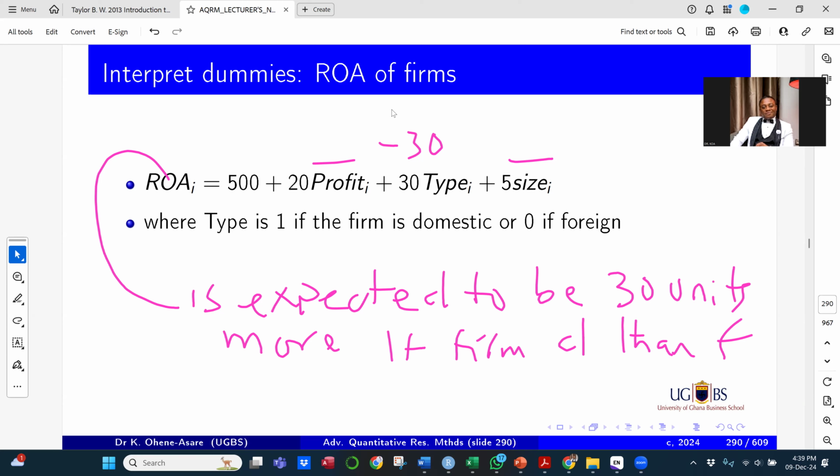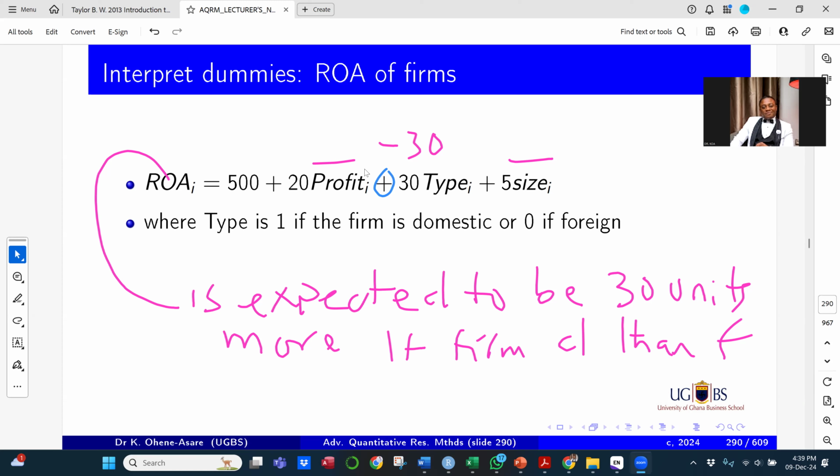Now, why did I use the word more? It's because of the plus. But if the value is negative 30, you will say that return on asset is expected to be 30 units less if the firm is D, where D is 1, because the D is 1, which is the domestic.